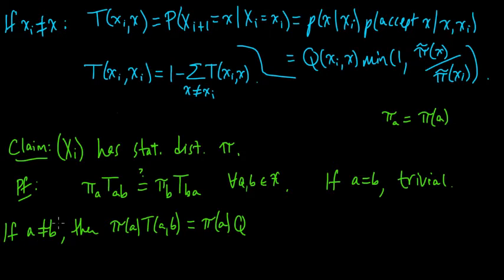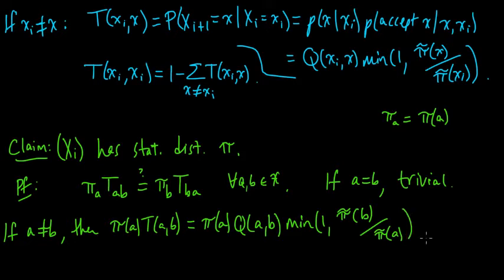Since A is not equal to B, we're in this case, so it's QAB times the min of 1 with pi tilde of b divided by pi tilde of a.